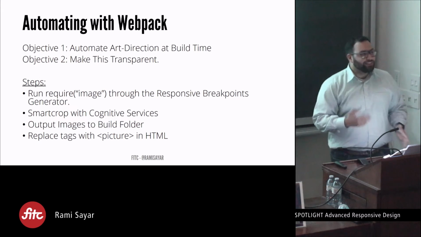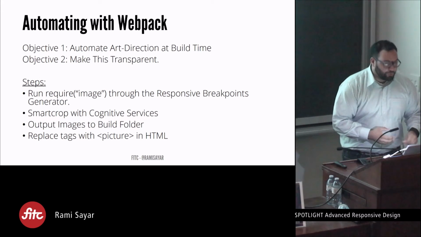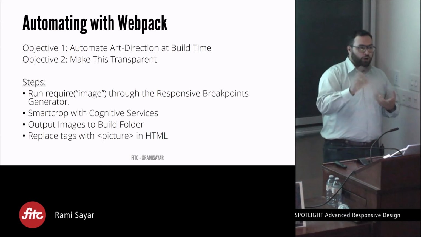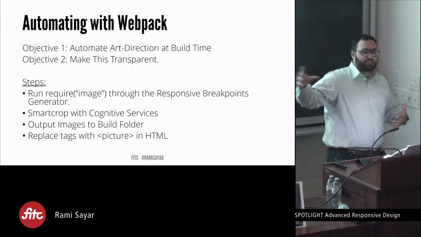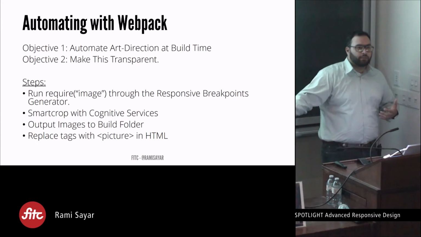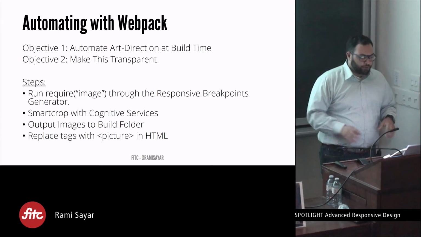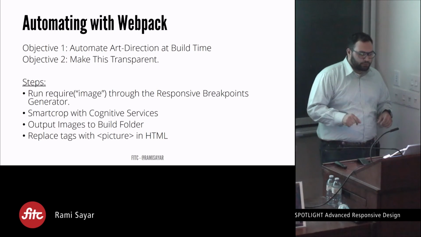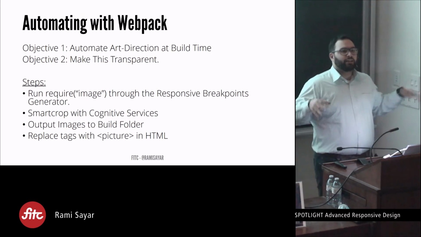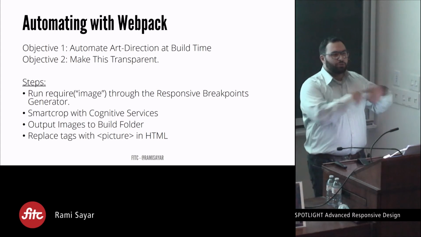So here in the end, these are the steps. If you wanted to automate with Webpack, again, our objective was to automate this art direction in a way that's smart, using either the Face API or the region of interest API from the computer vision in cognitive services. And the other thing is I want to make this transparent. As a developer, I don't want to care about this. Once I've got this working, I just want it to work.